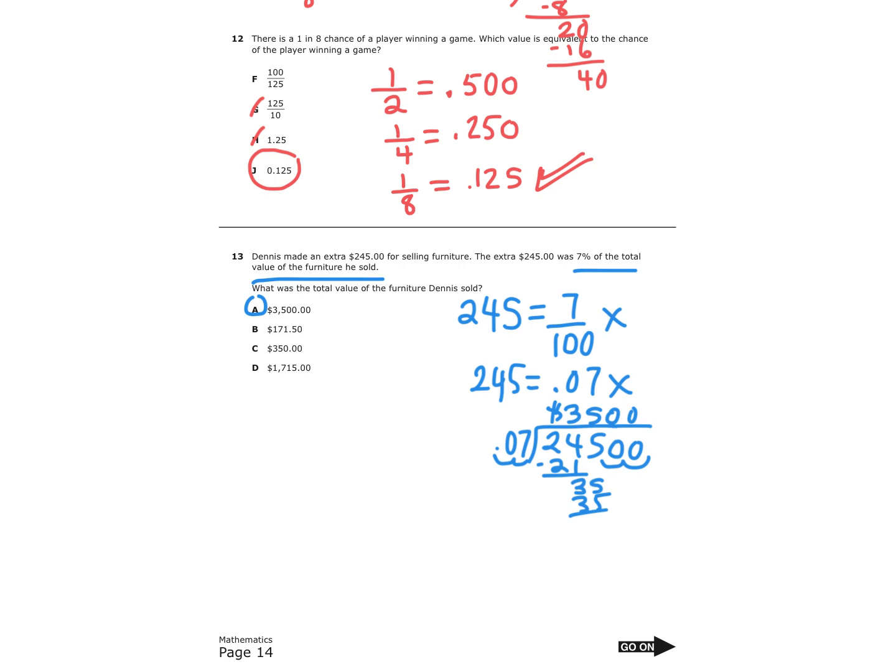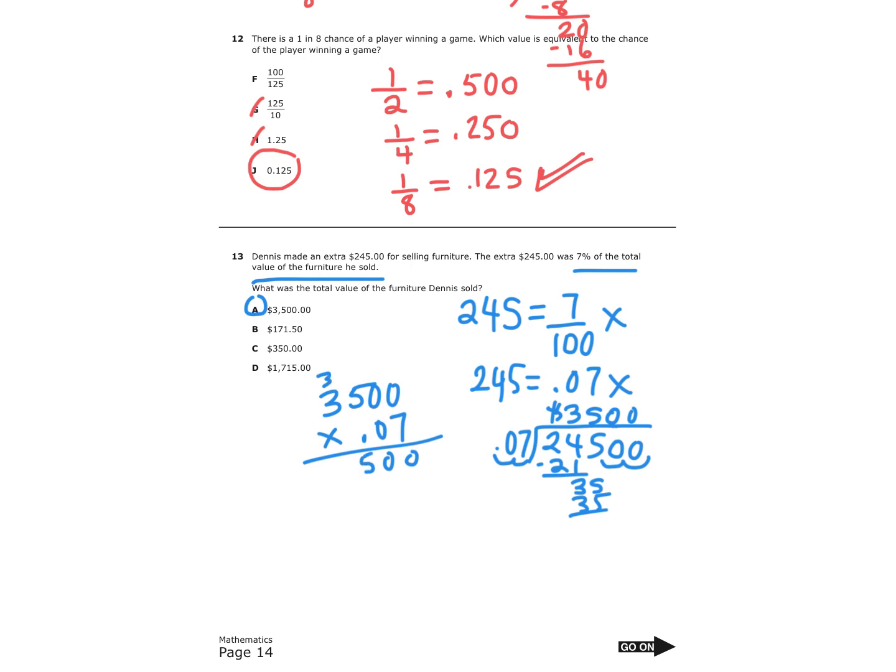Now, if you didn't want to divide this, you could have taken 7% of 3,500 and see if it gives you 245. So we're going to do that. 3,500 as a way of checking times 7%, which is 0.07. 7 times 0, 7 times 0, 7 times 5 is 35.